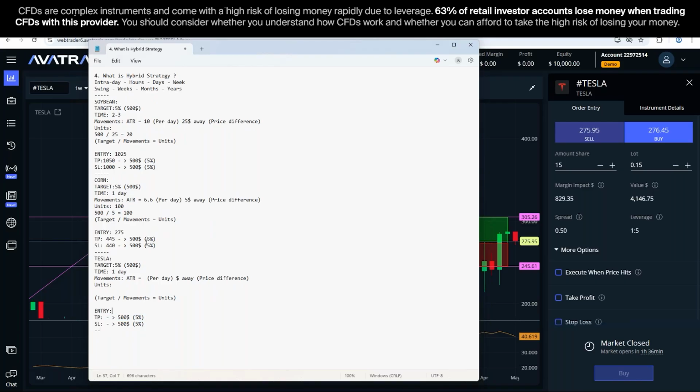We've got entry 275, take profit is 305, stop loss 245, and then in a moment we're going to adjust it to make sense, 500 stay target. Well, now the time is not going to be 1 day.